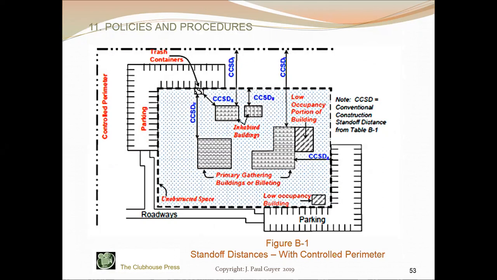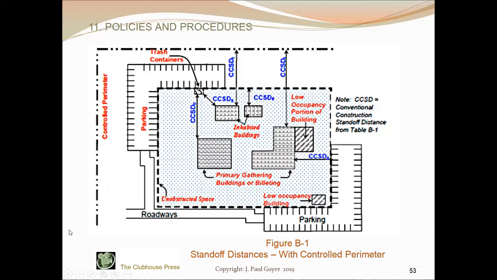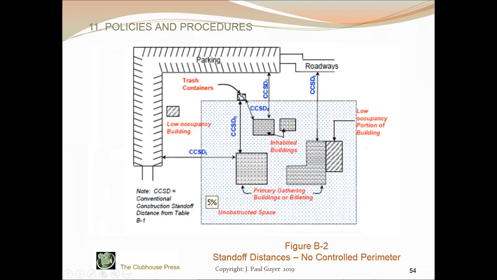I wish these slides would stop jumping around. You can review this at your leisure, but this kind of distills a lot of these words that we've been using today down to graphics that we're probably better at grasping as engineers and architects.